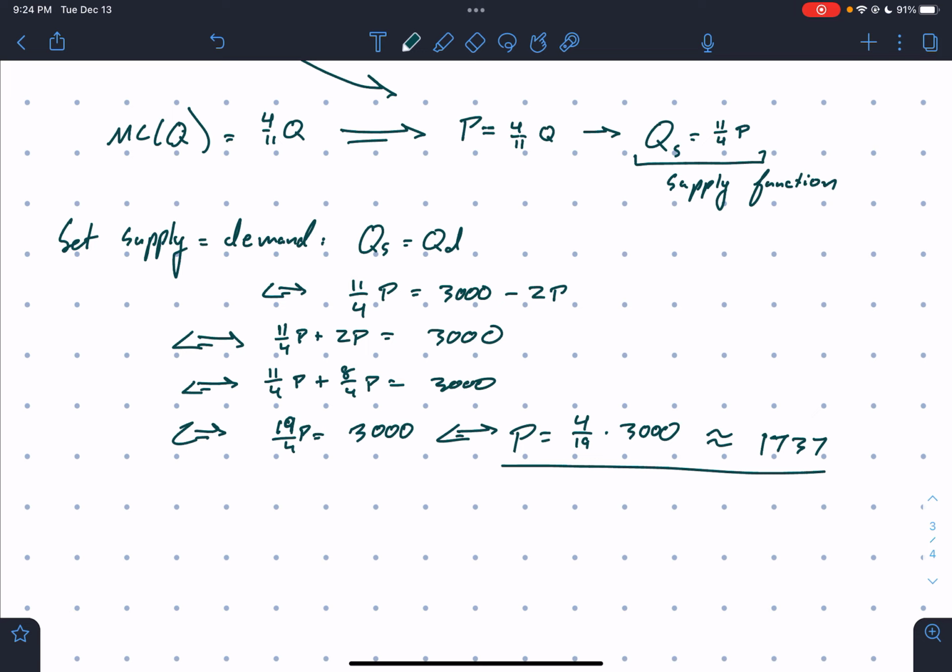equal to marginal cost. Now what we need to do is go back and find what the quantity is.